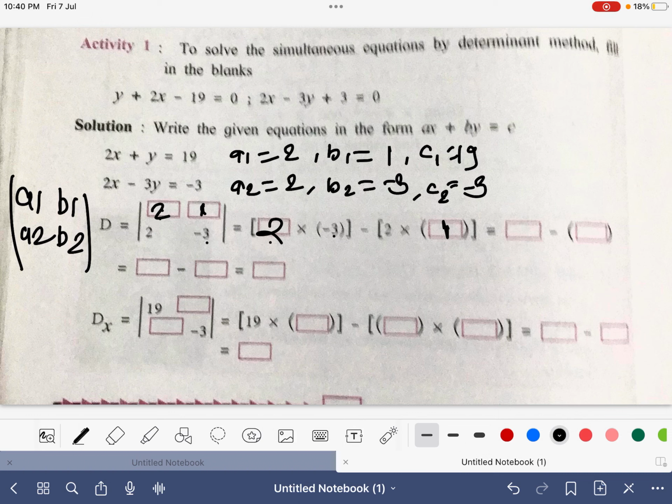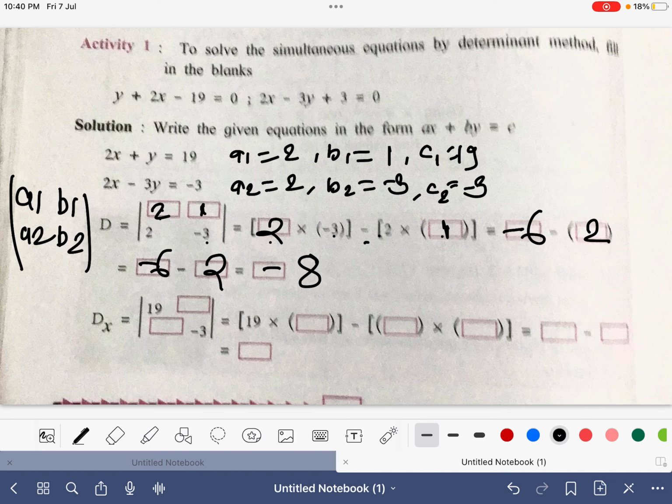So 2 threes are 6, and there is a minus sign, so minus 6. Now 2 ones are 2, so minus 6 minus of 2. So your answer is minus 8.